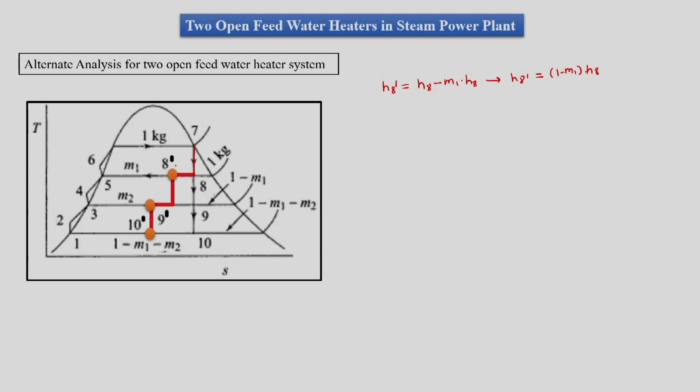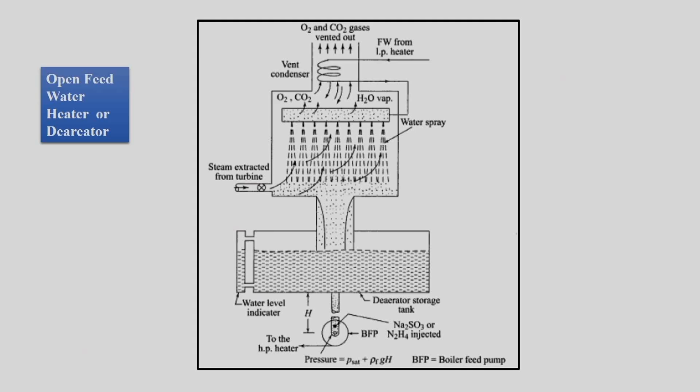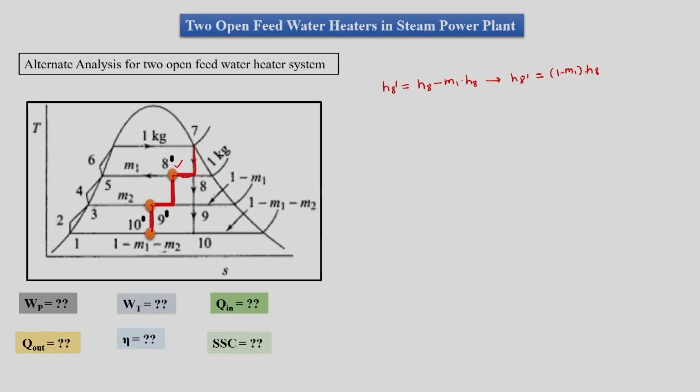That is why we are coming here, then going in this direction, expanding again, then coming in this direction, then expanding. If we consider in this manner, the representation becomes simple, where we can say that turbine work is H7 minus H8 plus H8 dash minus H9 dash, plus we will say 8 dash, 9 dash, then here 8 double dash, and then this is 10 dash.